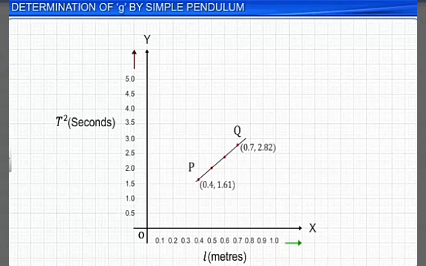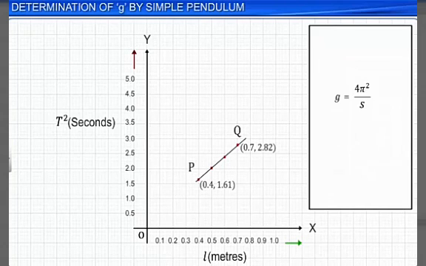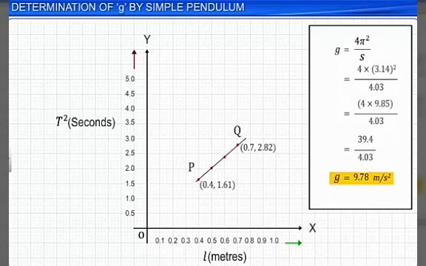Now, using the slope formula, we get the value of S as 4.03. Substituting the value of S in equation 4, we get g is equal to 9.78 meters per second square. In this way, we can calculate the value of g using a simple pendulum.